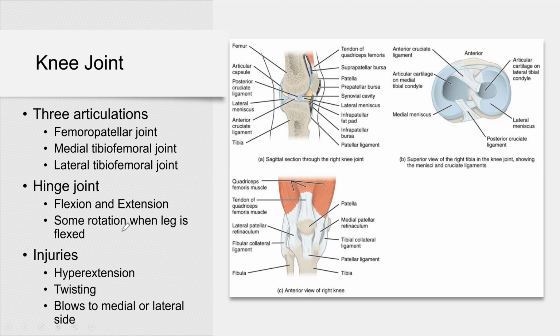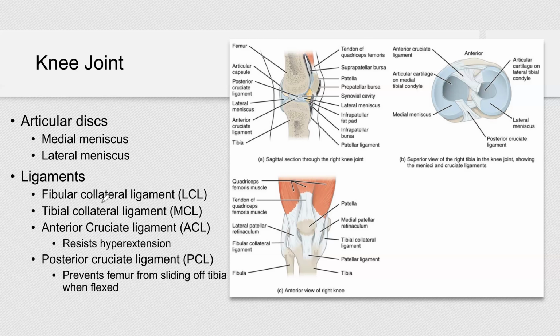Now the last L stands for ligament, the C stands for collateral or cruciate. So the names are different, but when we abbreviate, it's the same: LCL, MCL, ACL, PCL. So fibular collateral ligament, you already know it should be on the same side as fibula, right? And fibula is lateral, so it's a lateral collateral right here.